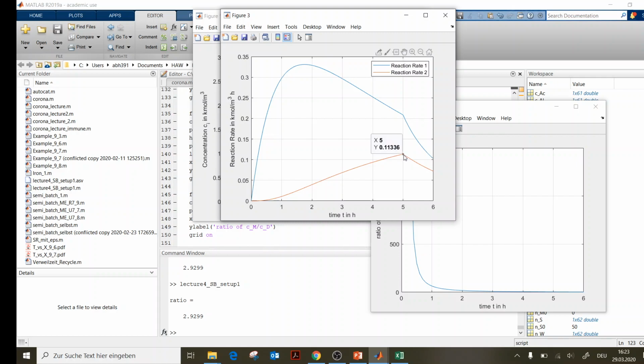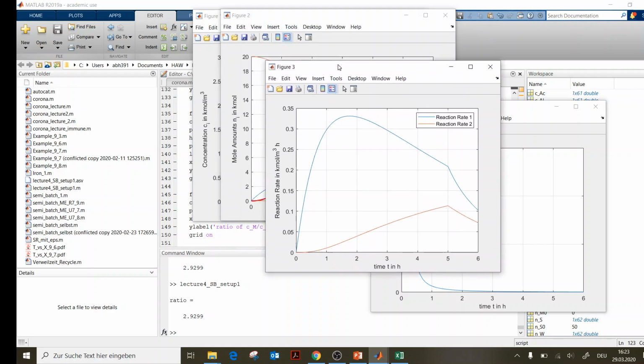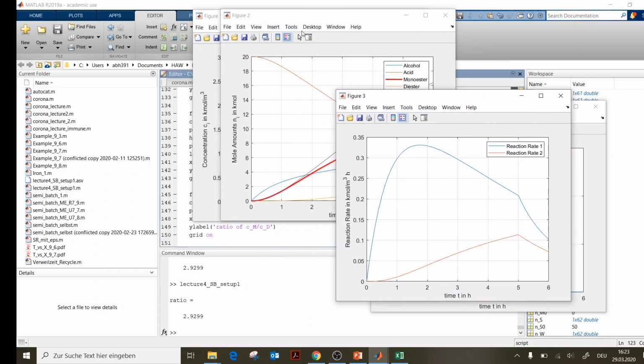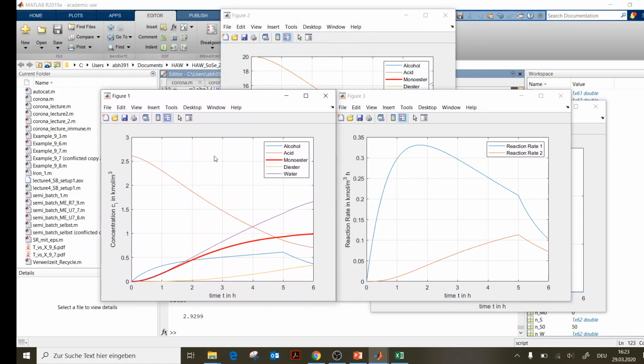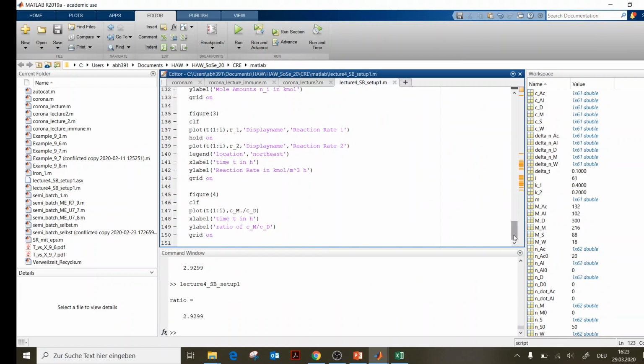But then since our amount of acid is decreasing, the reaction rate is going down, but we still have a lot of alcohol and we have a lot of monoester, so that's why the reaction rate for our second reaction is going up. Okay. So hopefully this should work fine.